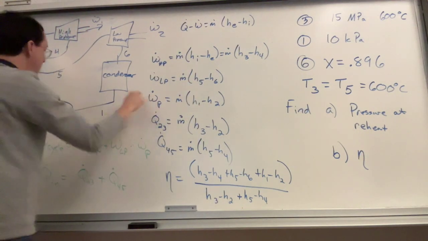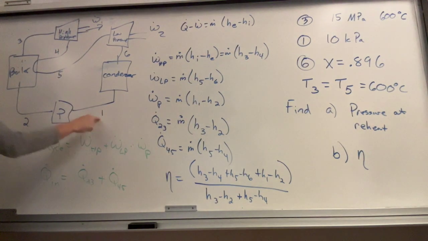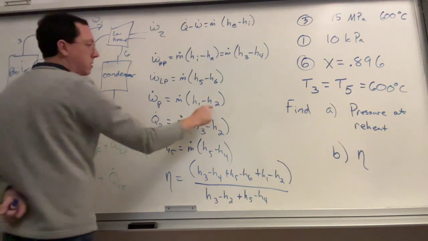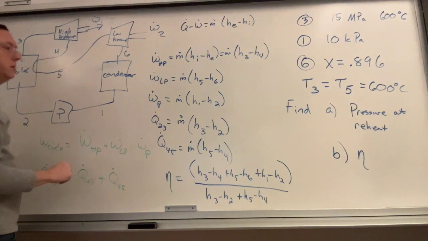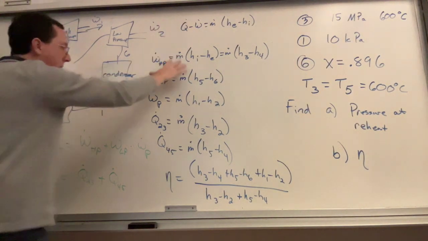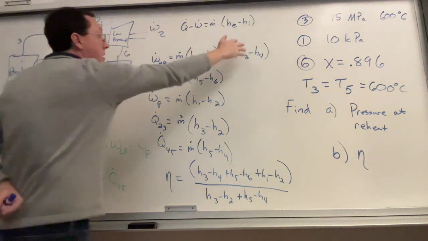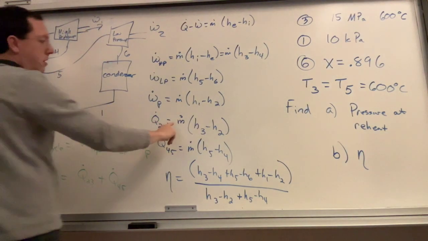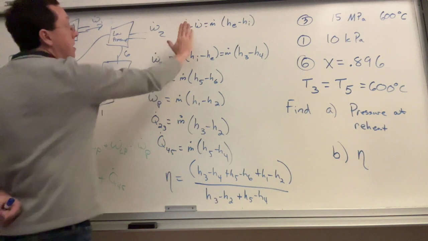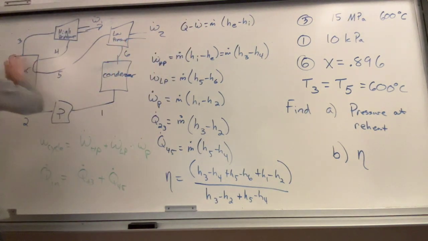For the pump, it's going to be H1 minus H2. The total power would just be the sum of all these. For the heats, the devices with heat would be just the boiler here.